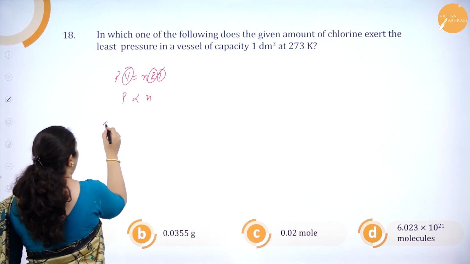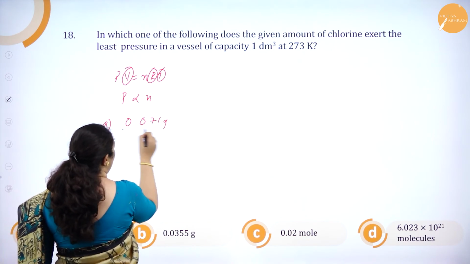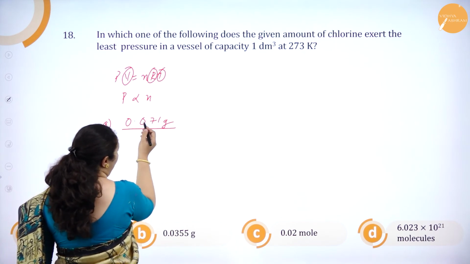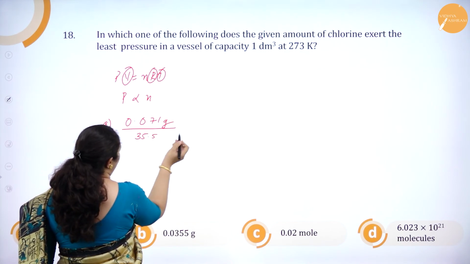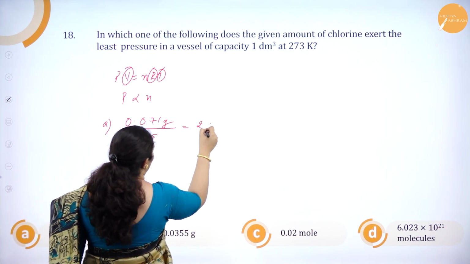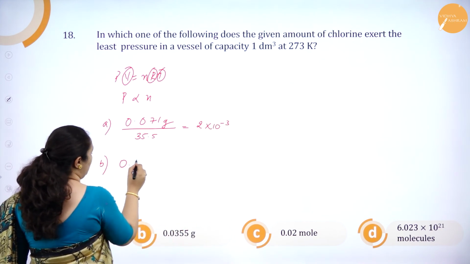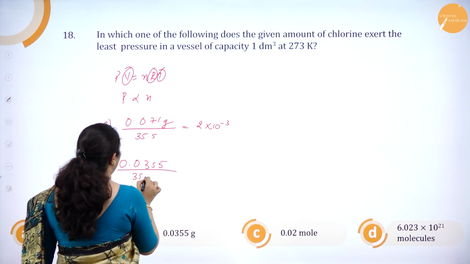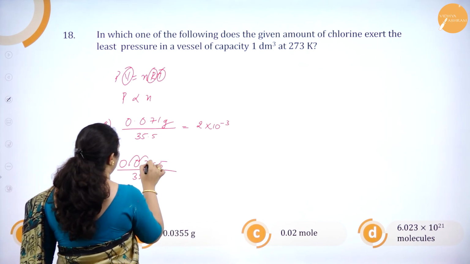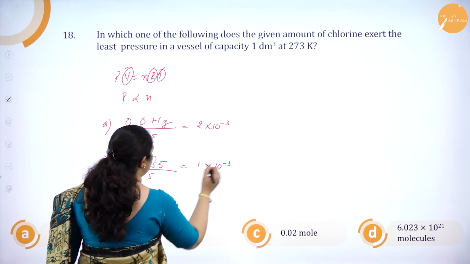So P is directly proportional to the number of moles. Option A, number of moles in 0.071 grams: I just have to divide the mass by the molecular mass. Molecular mass is 35.5, so this will be 2 into 10 power minus 3. Option B, 0.0355 divided by 35.5, so move 3 points, so 1 into 10 to the power minus 3.